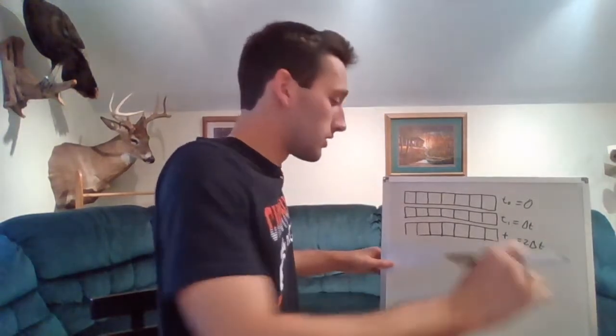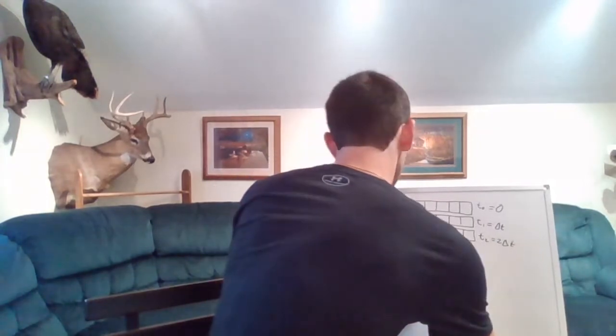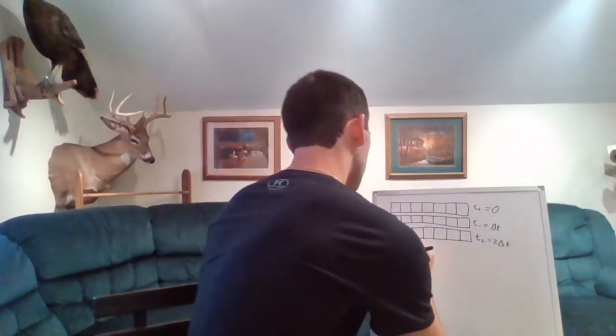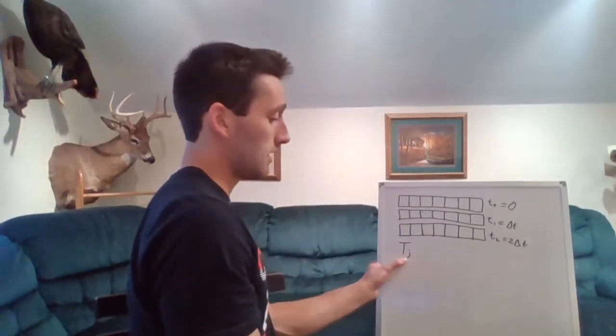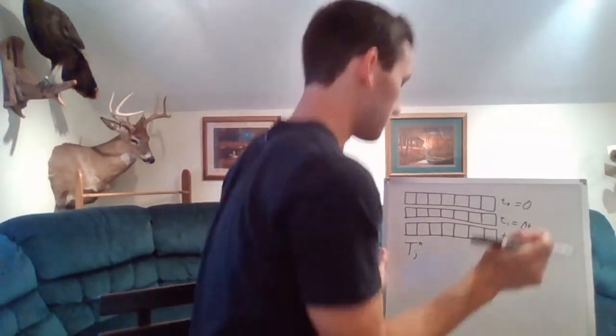Well, the notation we are going to use when writing these equations is we will have temperature at some position j. So j relates to the position, and at some time n.